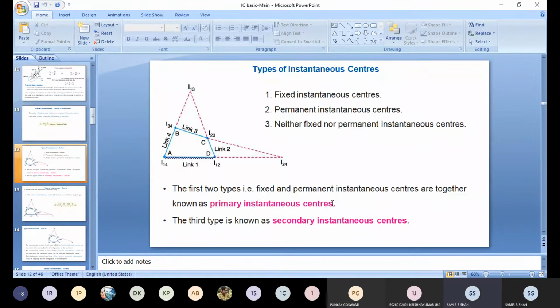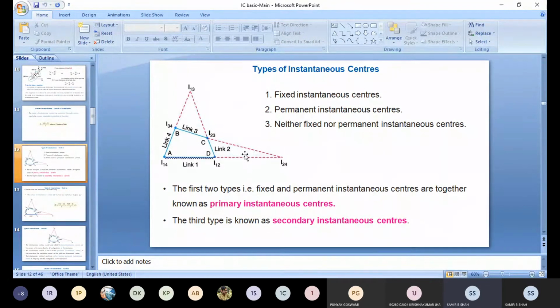Now, some study regarding the types of instantaneous center. If you see the figure, the 4-bar chain mechanism is shown with the blue line, and the remaining lines are considered as pink lines.